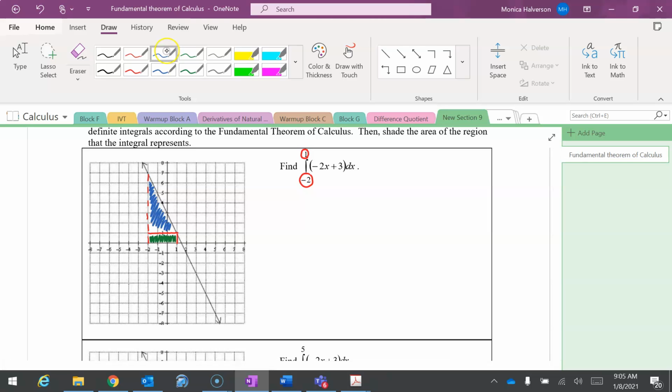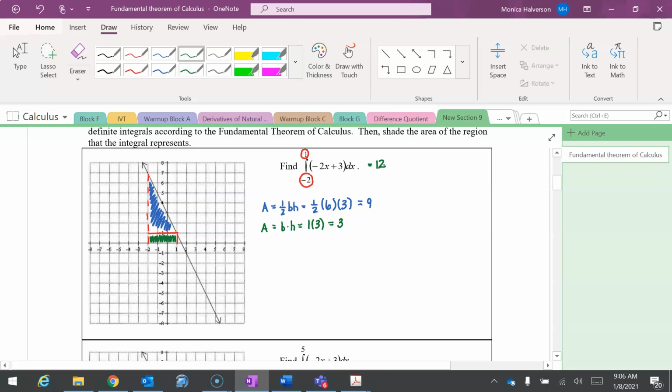The area of the triangle is 1/2 base times height. So 1/2 of 6 times 3, and that equals 9. We could also find the area of the rectangle, which is base times height, which is 1 times 3, and we get 3. So based off of this, we're saying this definite integral equals 12 by adding those two together.